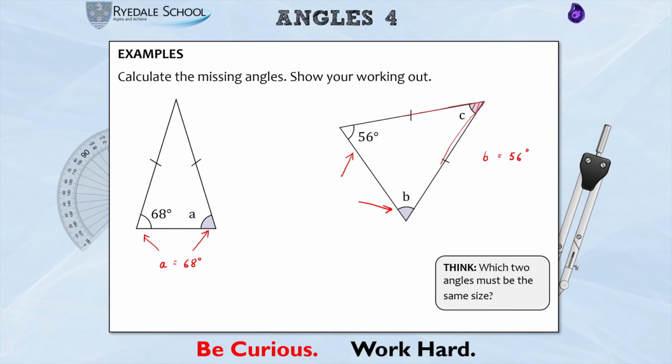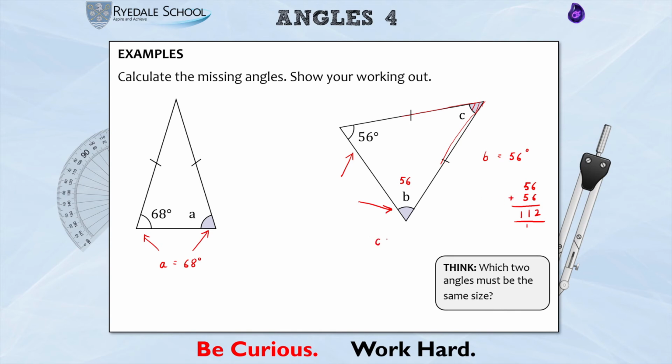But how are we going to work out C? Well, this is where we need to recall our knowledge from last lesson that the angles in a triangle add up to 180 degrees. So if I now add my two 56s together, 56 and 56 makes 112.